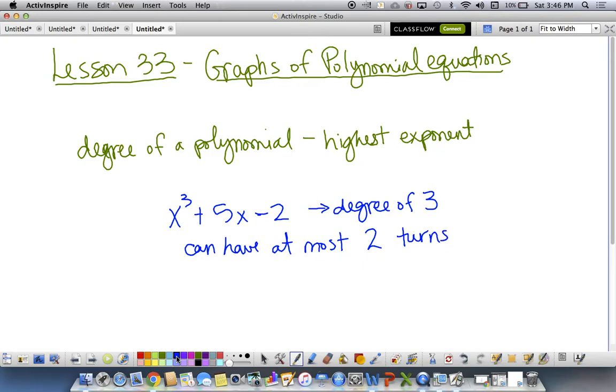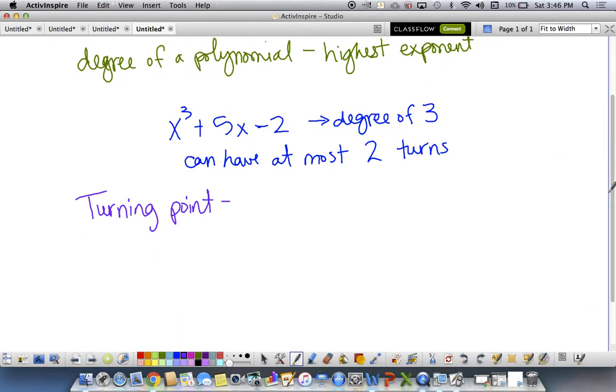If I have an x squared, think of your parabolas. How many turning points does it have? Let's stop. What do I mean by a turning point? What does that mean, the turning point of a polynomial equation? Let's scroll down just a little bit.